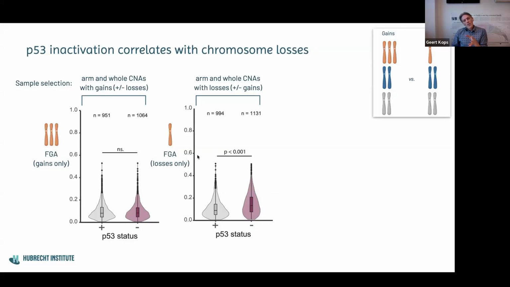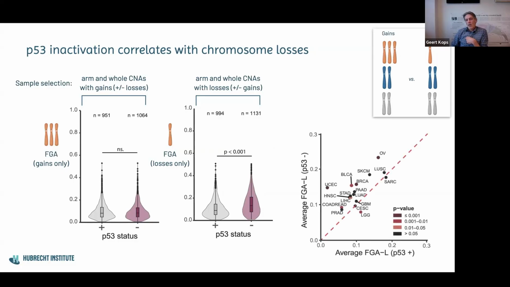But when we looked at the fraction of the genome that is lost, so only the losses, then you very clearly see that p53 negative tumors have a higher fraction of the genome that can be lost, as if p53 mutation sort of biases for the survival more of losses than it does for gains. And here, I think it's quite striking if you plot the individual tumor types.